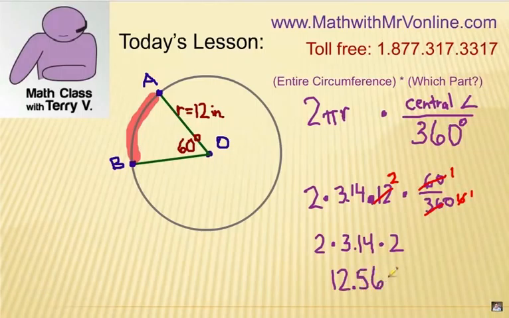Now normally, at least for the purpose of these videos, we're going to round to 1 decimal place. So let's call that 12.6. And it's a straight line distance, and it'd be inches, of course, right? Okay, so again, take the entire circumference, multiply by which part, which is the central angle divided by 360. Fairly simple. Now let's work through a couple of examples together.